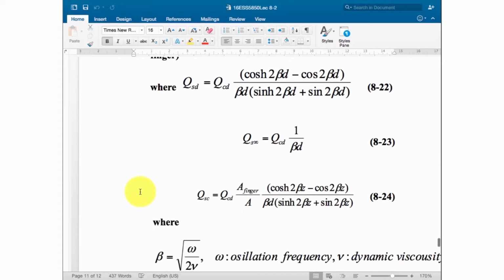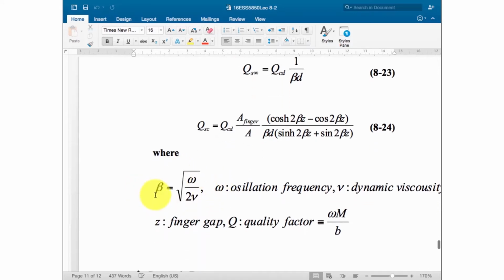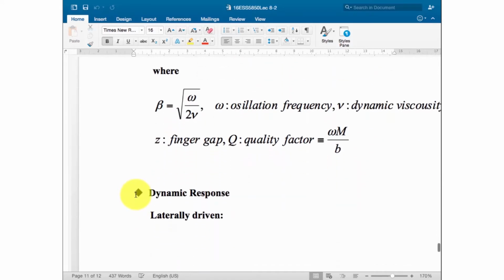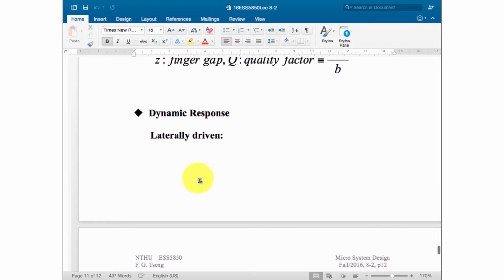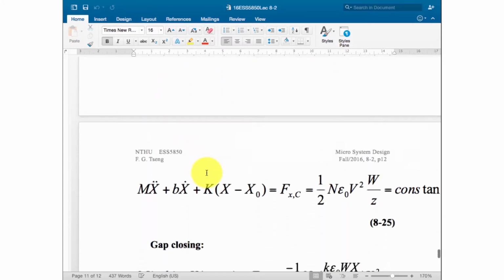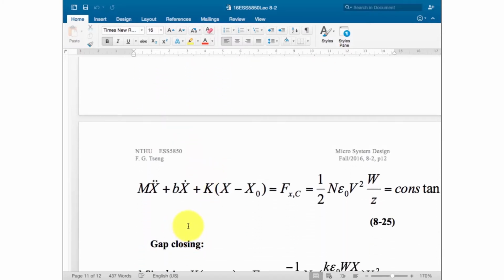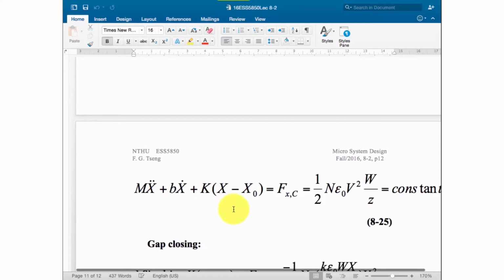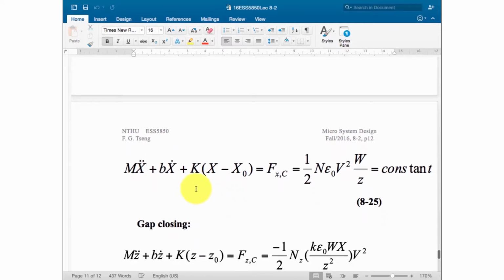So the modified one will be closer to our current situation. Okay, this is some definition. You can take a look at it later. So the dynamic response for the laterally driven system, now we can complete the equation. As we can remember, you have a second order equation. You have a mass here, the damping coefficient here, the spring constant here.